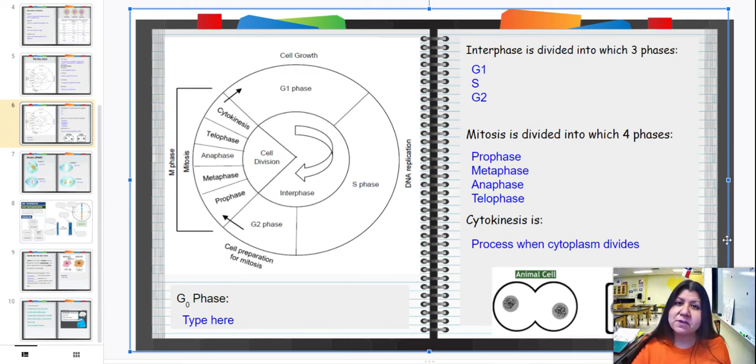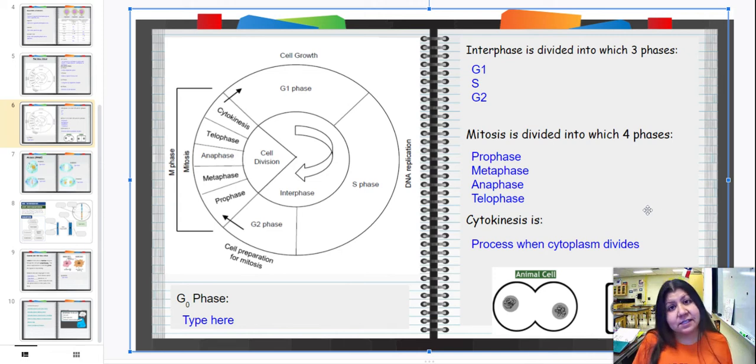So something that you probably remember from the Amoeba Sisters video from yesterday is that not all cells go through the cell cycle. The cell cycle is for cells that need to be able to reproduce or replicate, or replace old and damaged cells. But not all of our cells do that. So for example, if you think of your brain cells, once they're fully formed, it's very difficult to create or form new cells.